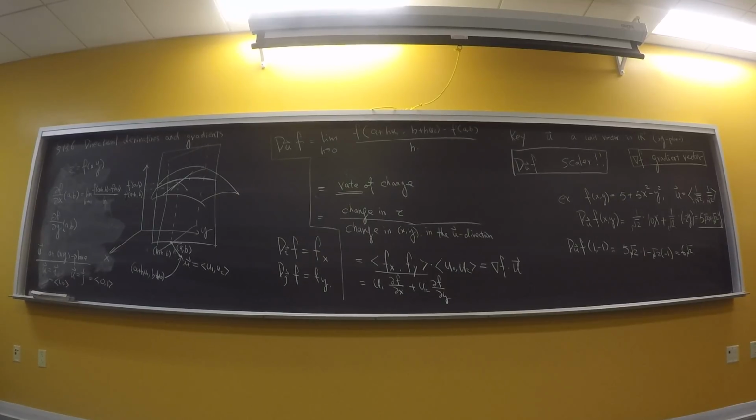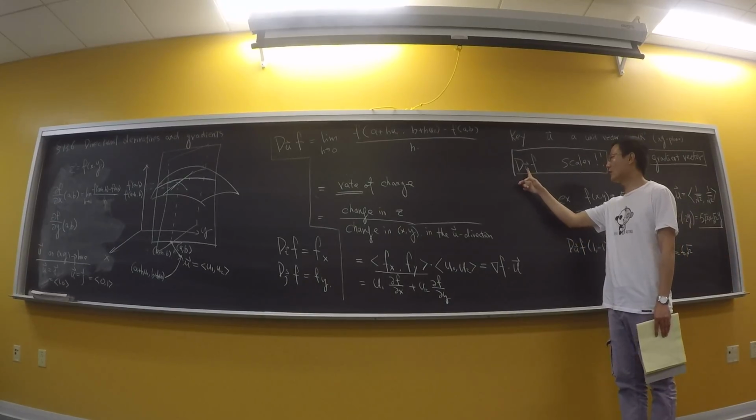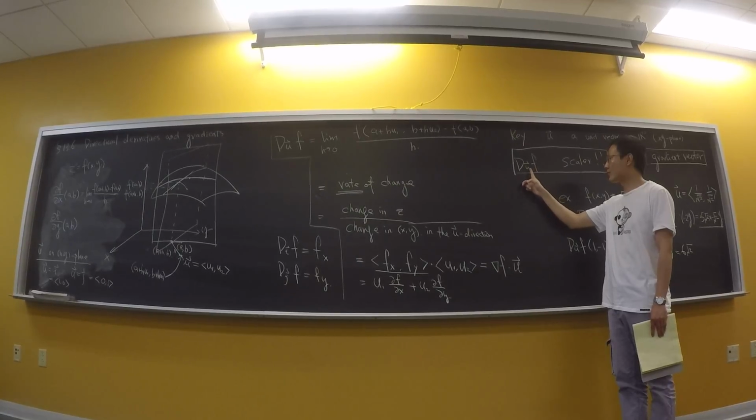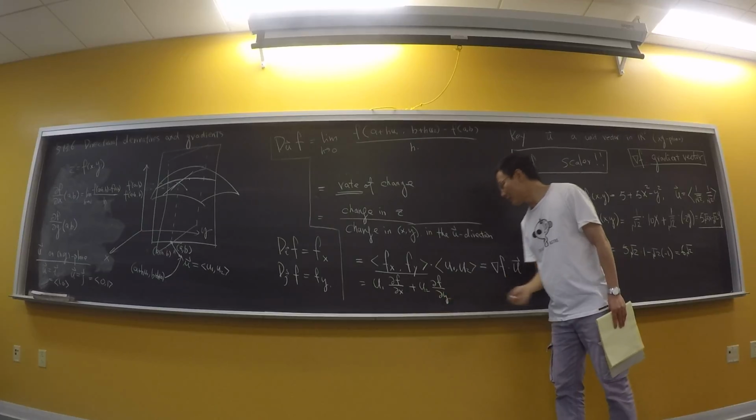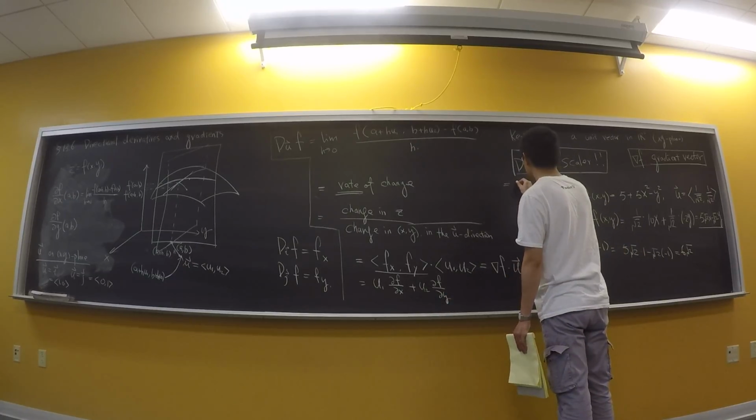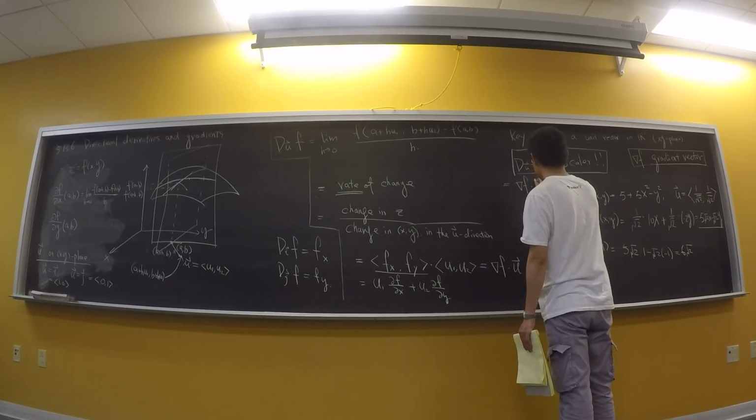Okay. So now we can simplify our definition and also the formula for computing the directional derivative a bit. The directional derivative of a function with respect to the direction u is equal to this linear combination, but more simply, it is equal to the gradient dot the unit directional vector.